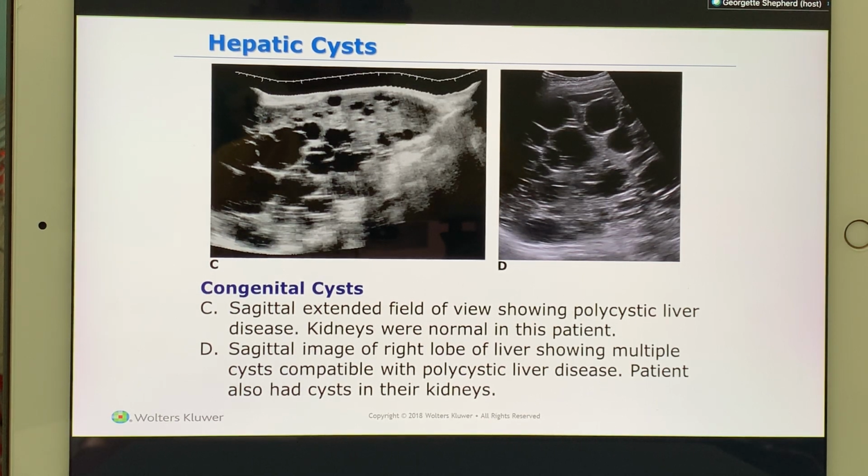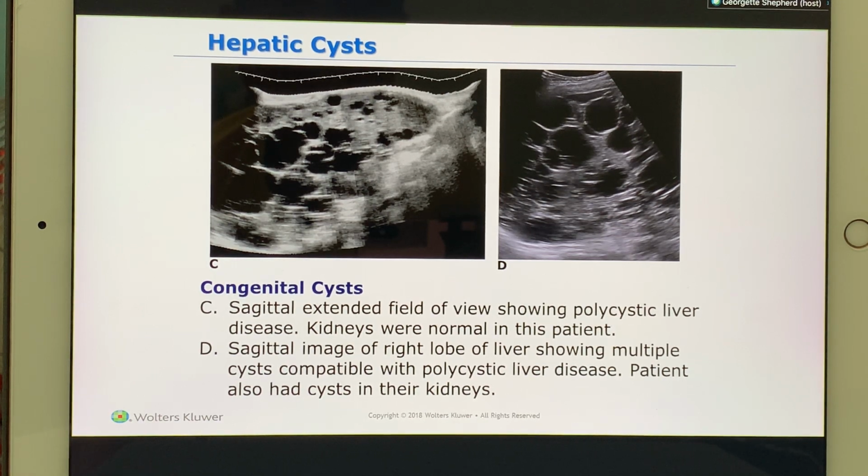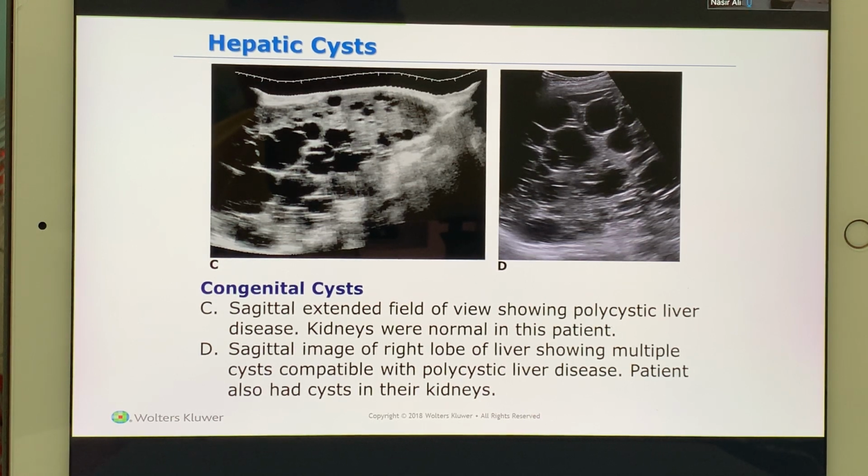These are congenital cysts, polycystic liver disease, and C, the kidneys were normal in this patient. In D, they had a recessive disorder because they also had cysts in their kidneys. Wow.